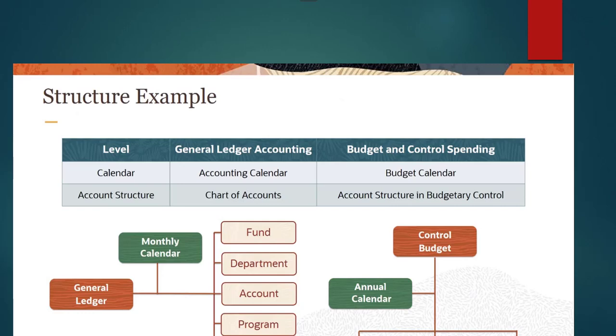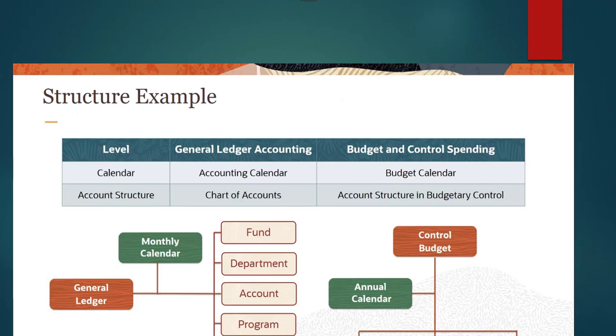Some organizations want to budget and control spending at a different level than general ledger accounting. We can do that because we allow the budget calendar and account structures used in budgetary control to be different from the accounting calendar and the chart of accounts used in general ledger.